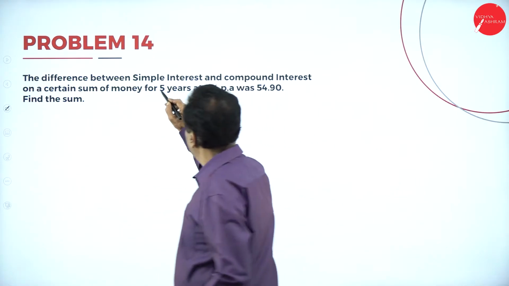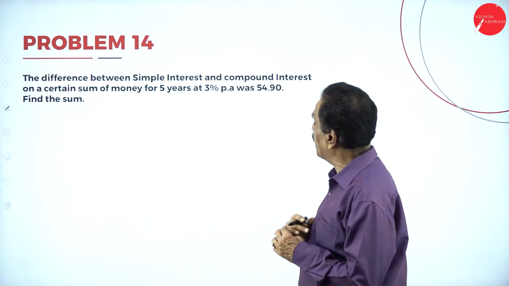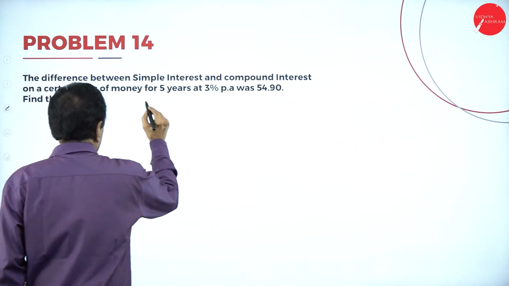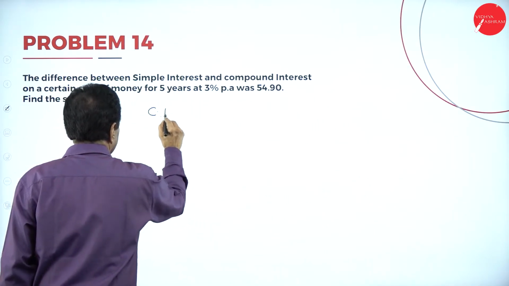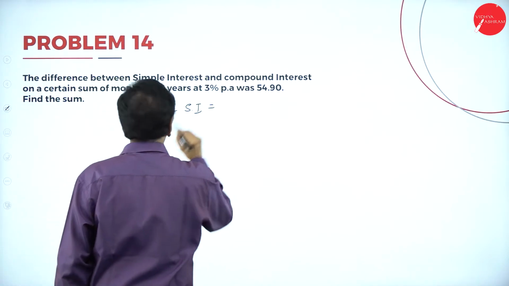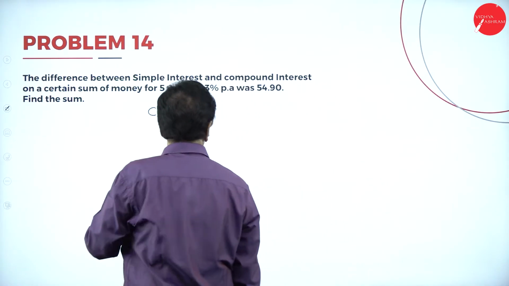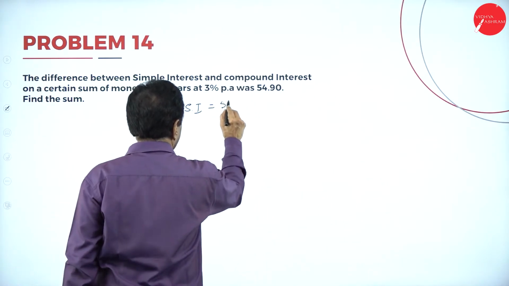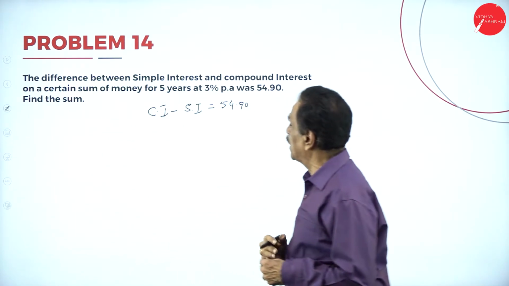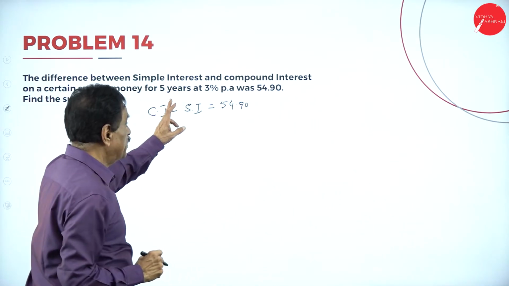The difference between simple interest and compound interest on a certain sum of money for 5 years at 3% was 54.90. So compound interest minus simple interest is 54.90. Here the percentage is given and 5 years is given.